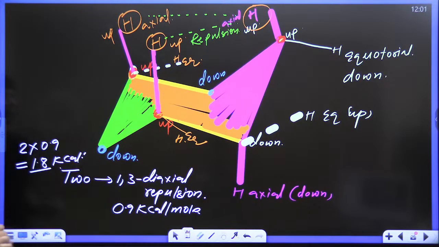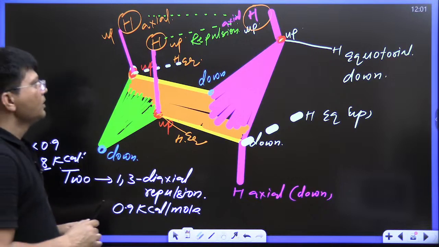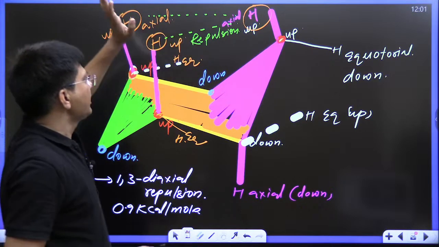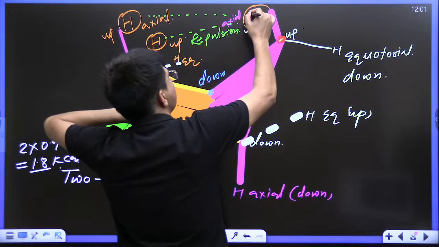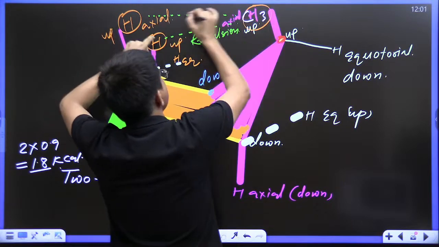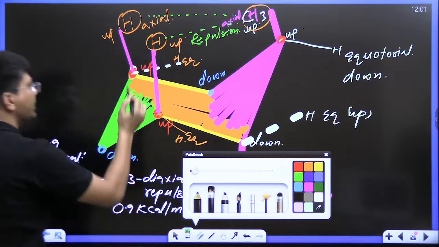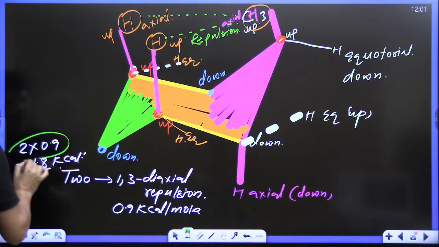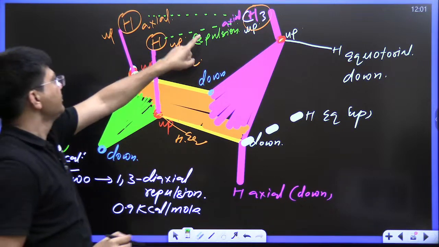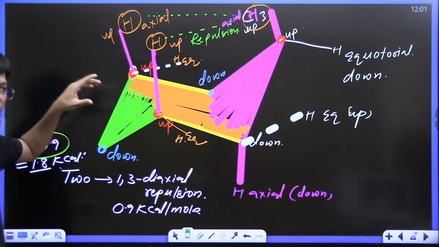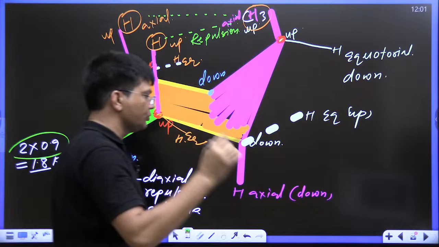So see kids, let me tell you. Right now hydrogens are very small. If I put CH3 here, then this repulsion is going to be like this, because hydrogens are very small, so we cannot compare. So one methyl is there, and these are the repulsive forces. Now see how the question will be asked.